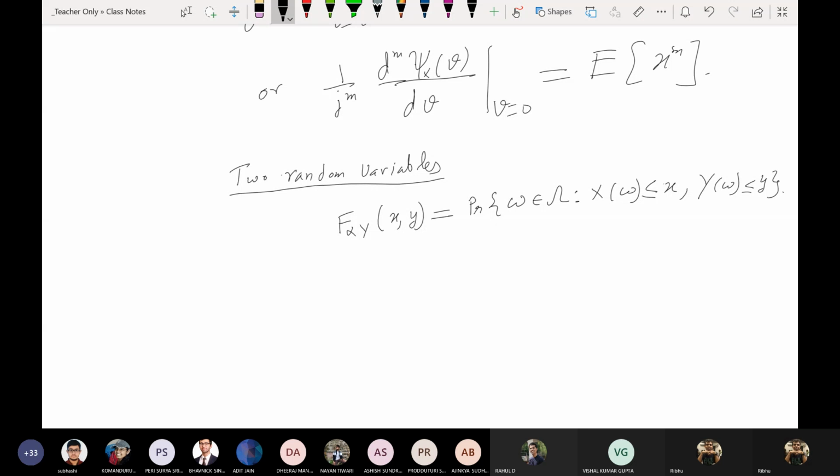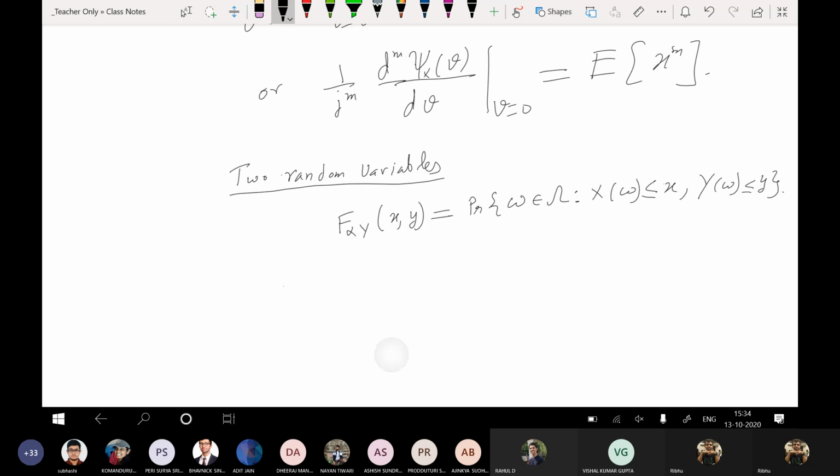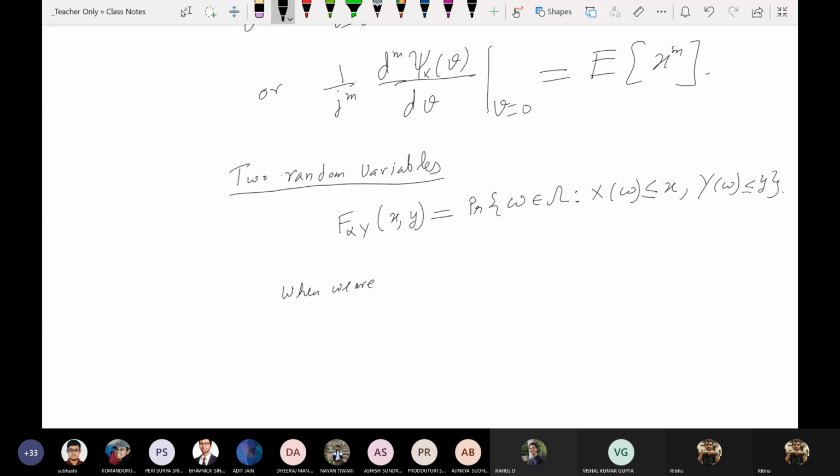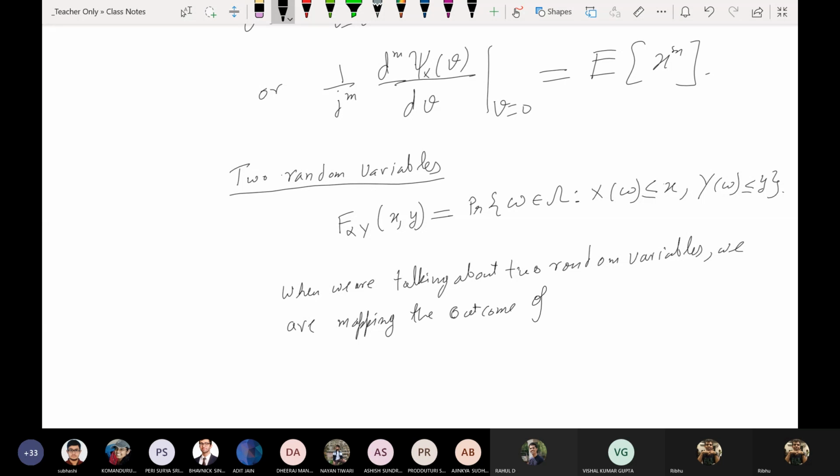So when you are talking about two random variables, what you are doing is, I think I should write this: talking about two random variables are mapping the outcome of a random experiment to the xy plane.